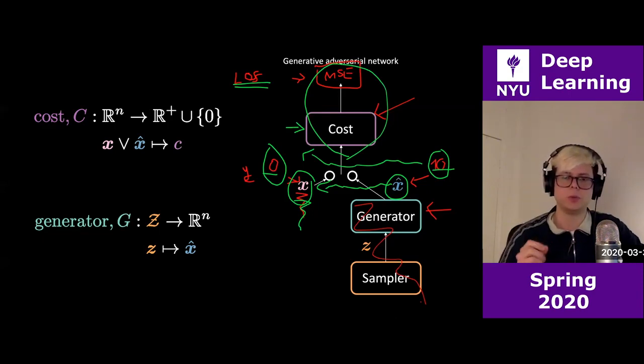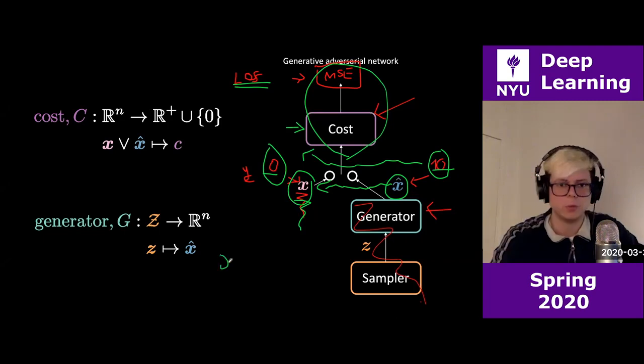Therefore, you can compute the gradient of that cost value. I like to compute the partial derivative of this lowercase c, so dc over dx hat.